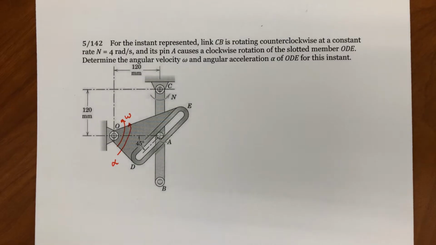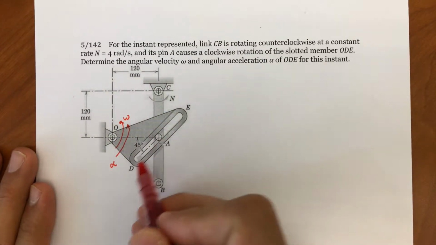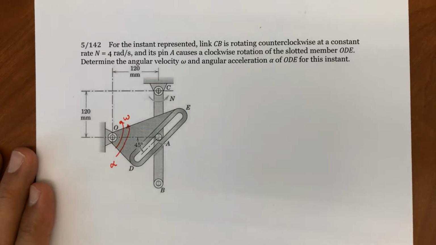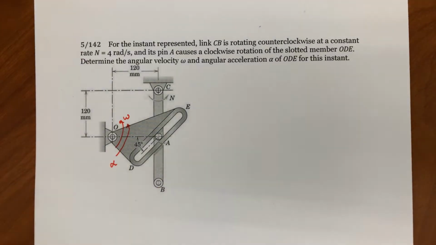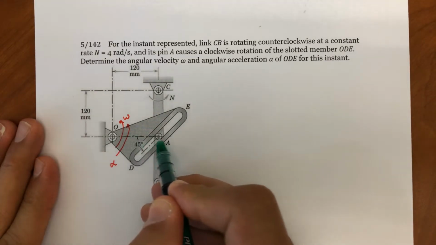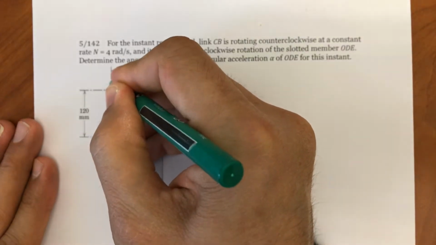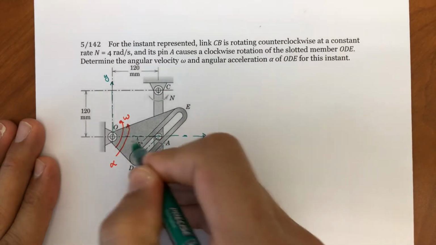To solve this problem like the previous one, I'm going to attach a coordinate system to this sector. You can do it in different ways, but at the end, all of them are going to do the same thing for you. I'm going to use this XY direction, which is attached to this sector.